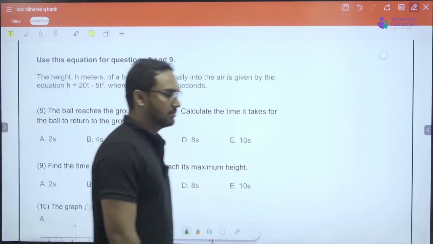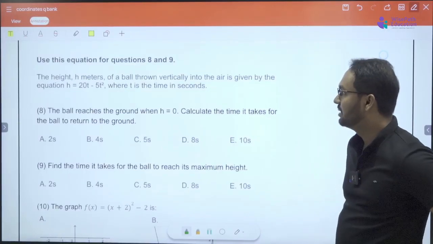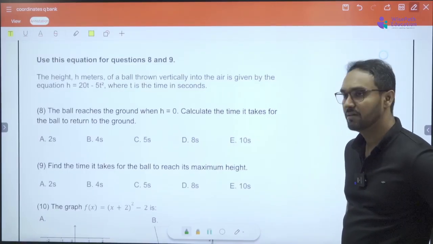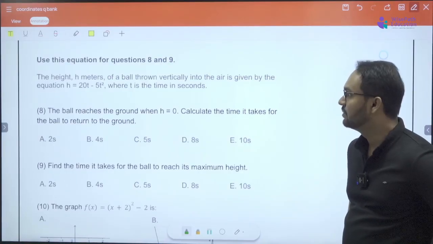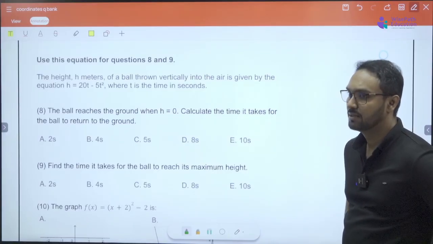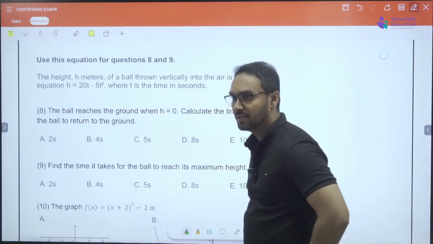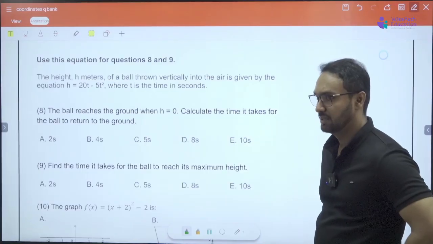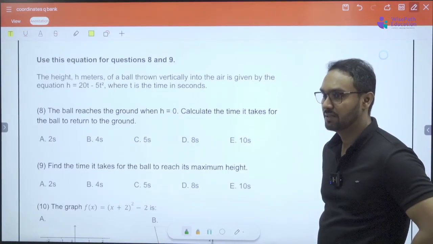Now, do you see sort of a similarity in the equation h equals 20t minus 5t square? We know the equation somewhere. Not from the coordinates. This is one of the equations to find the distance of a moving object, the linear equations.